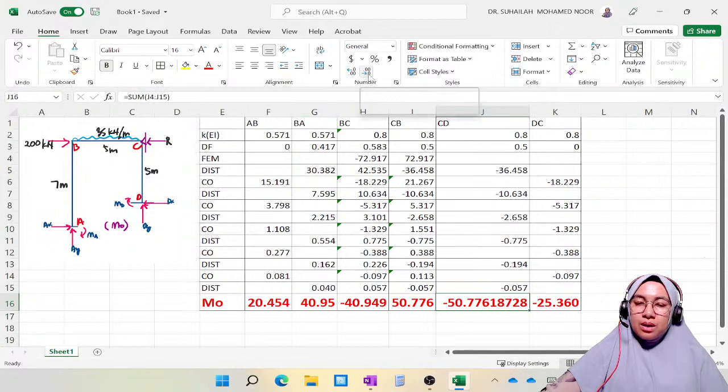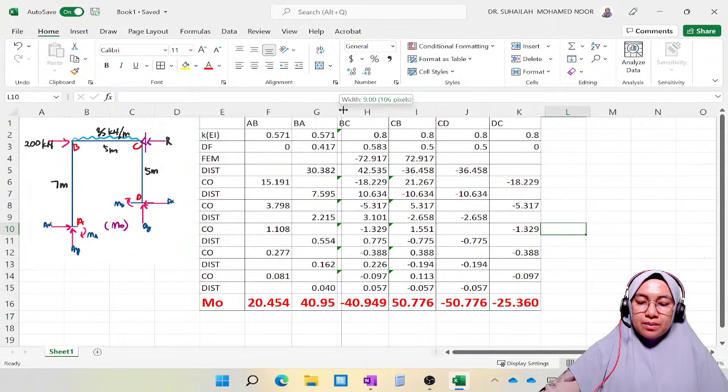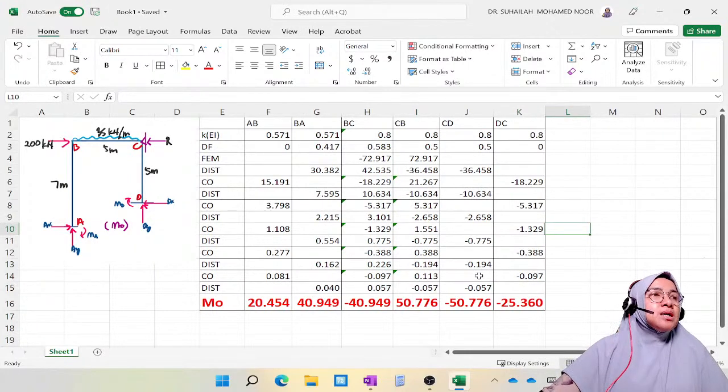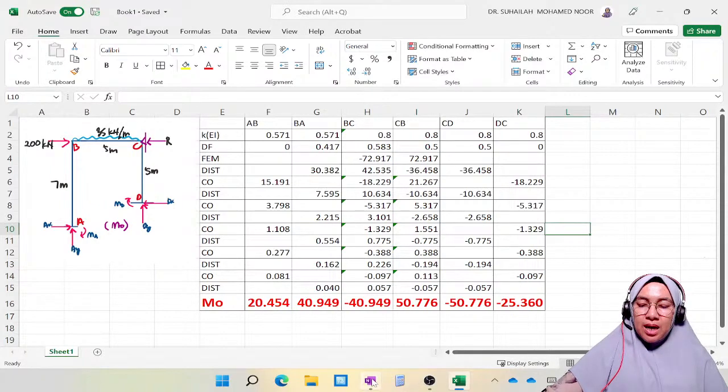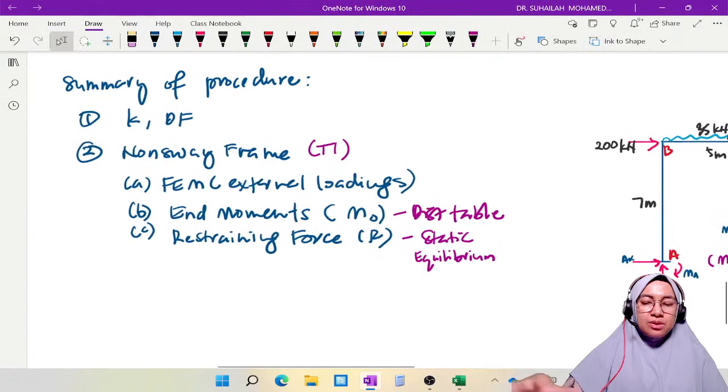We only want up to 3 decimal places. This is the end moment for table number 1, so this is actually under step number 2.